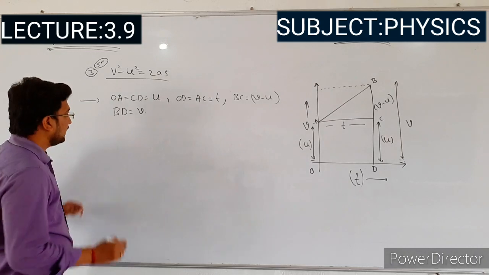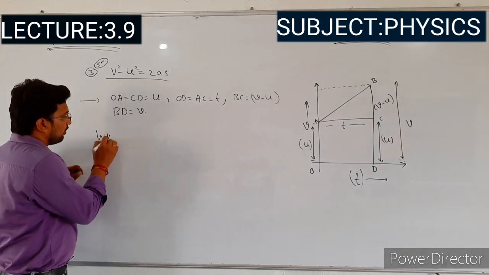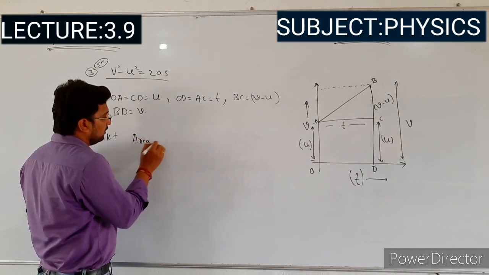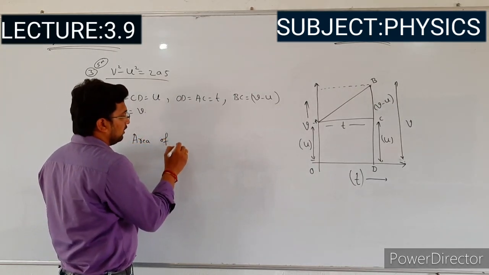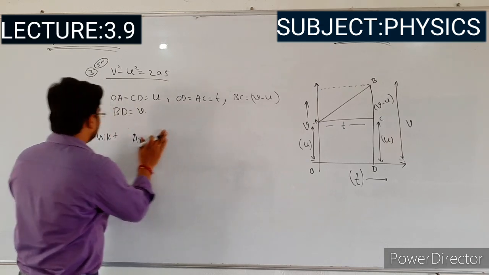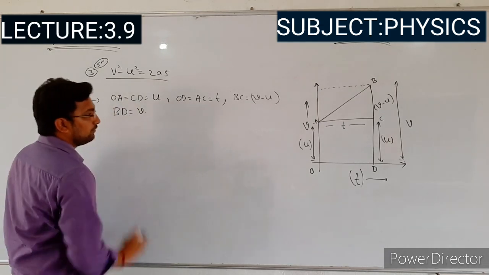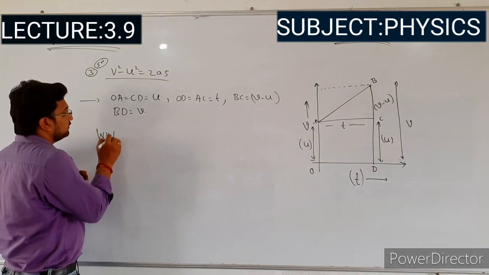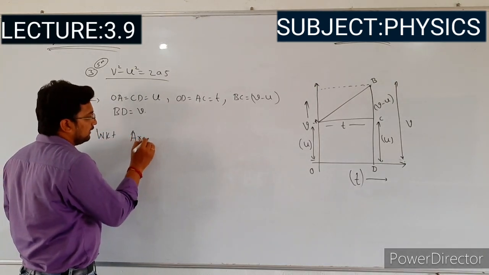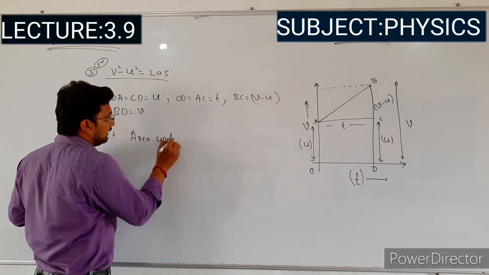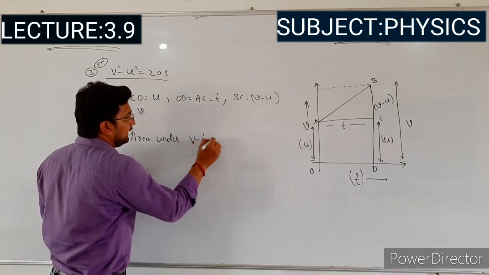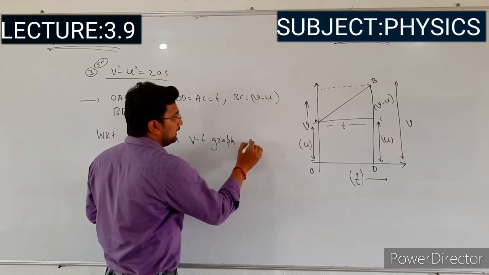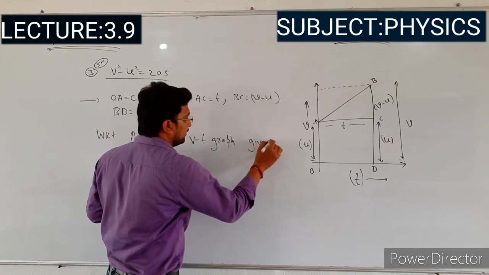Okay. So already we know that the area under VT graph gives displacement.